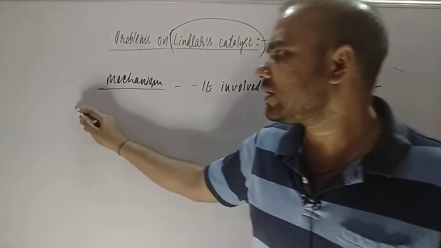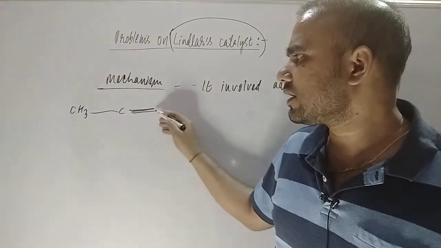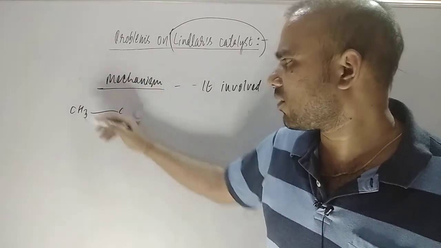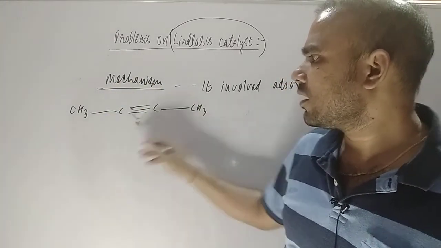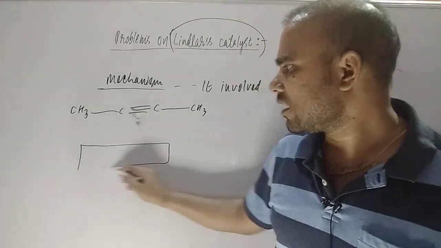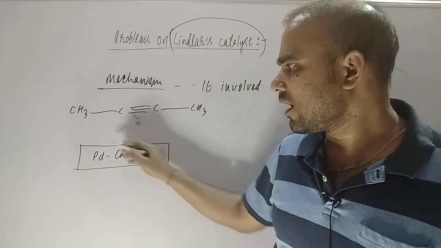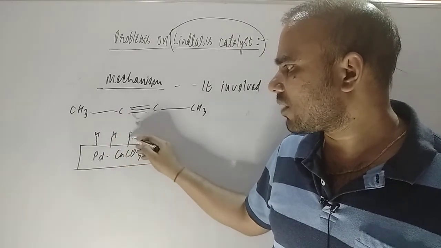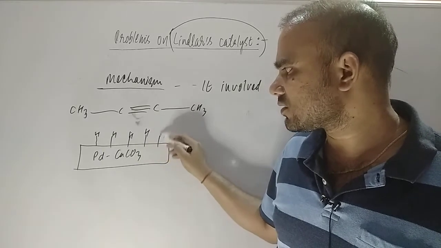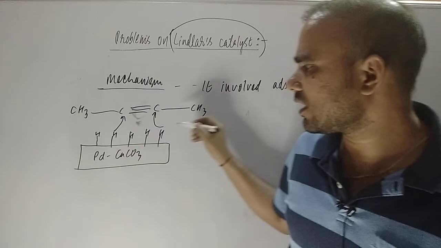Here you see, students, CH3, C, triple bond, 1 2 3, and here is CH3. Now we have palladium and calcium carbonate. Many hydrogen molecules are adsorbed on the surface of this catalyst, so this one hydrogen molecule is adsorbed here.